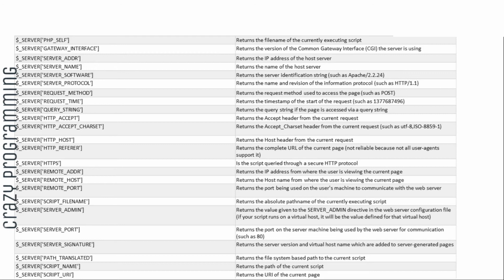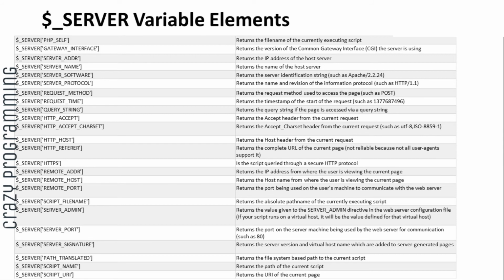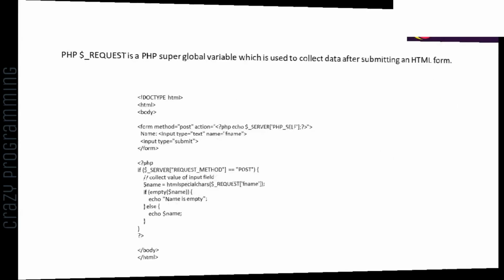And then path translated returns the file system based path to the current script, and script name returns the URL of the current script. We understand that these are the server variable elements. Great.